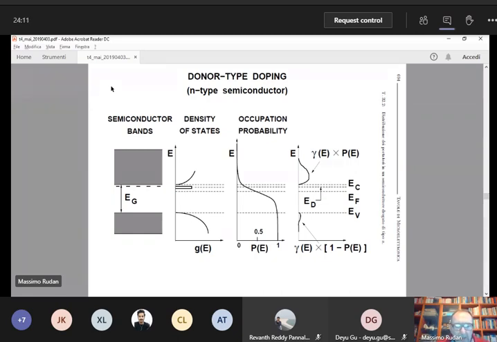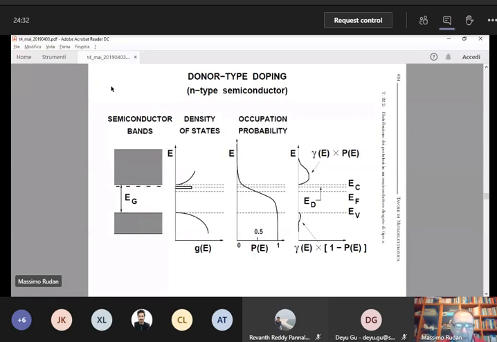That stick is the density of states of the donor states, okay? It is very thin in the vertical direction, so the energy interval where the density of states belongs is very short, okay?